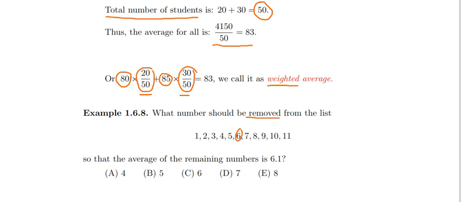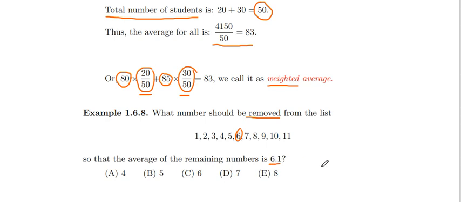If you remove the smallest number, the average will increase very much, right? And if you remove the largest number, the average will become smaller, changing quite a lot. Here the average changes only a little bit.